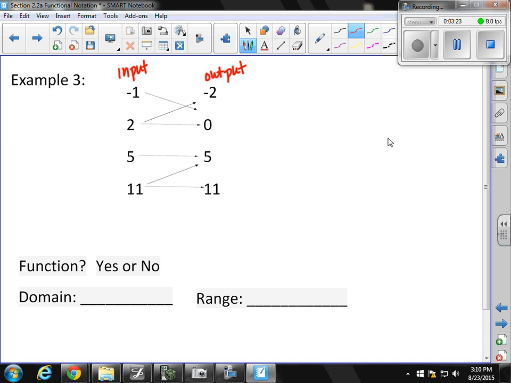I'm going to say no, because 2 is being mapped to both -2 and 0. 11 is being mapped to both 5 and 11. Because of those two reasons, it's not a function. My domain, all of my input values, is -1, 2, 5, and 11, and my range is -2, 0, 5, and 11.